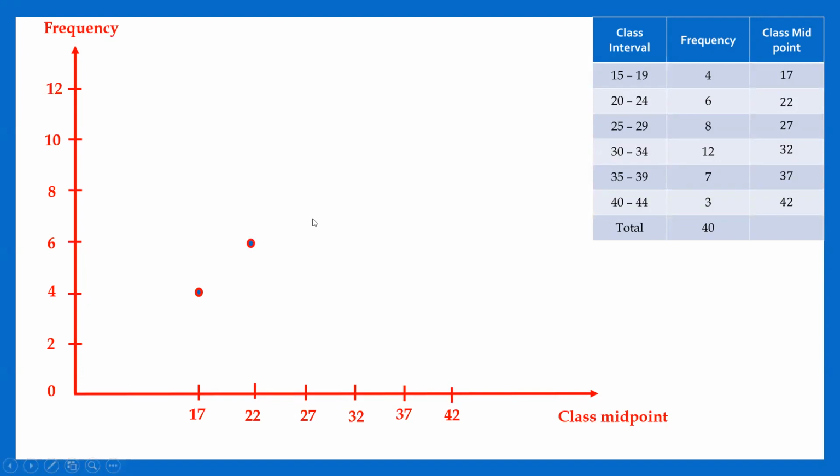Then 8 against 22. The fourth one is 12 against 32. Then fifth, 7 against 37.